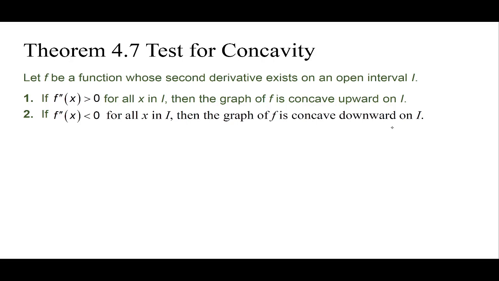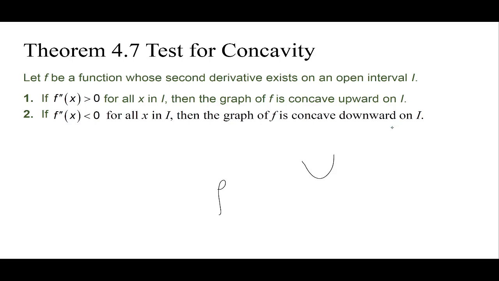Let's say you have a differentiable function f, meaning you can find the derivative of that function. But to apply this theorem, that function should have a second derivative as well. Let's say you found the second derivative. This theorem says if the second derivative is positive on any interval, then the graph on that interval would be concave upward.